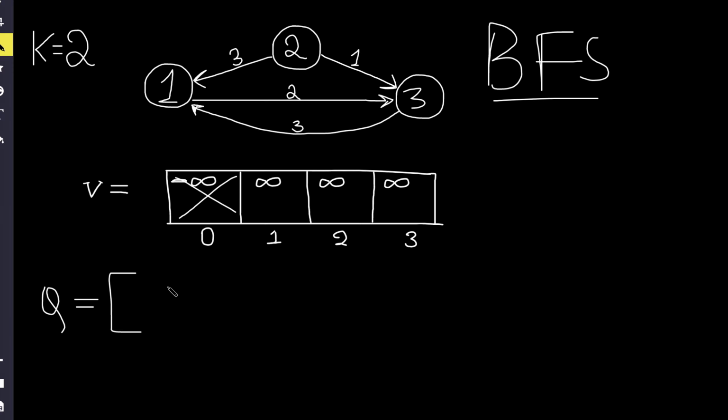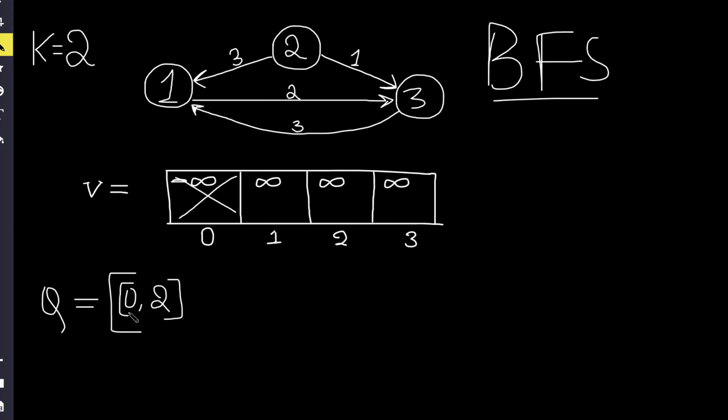Now what we will be doing, first of all, before entering the while loop, is store the starting node in our queue. So the starting node is 2, so we will store it. Along with it, we will store the time taken to reach it. Right now, since it is the starting node, we will reach it in 0 time.